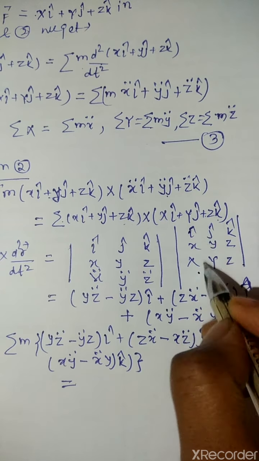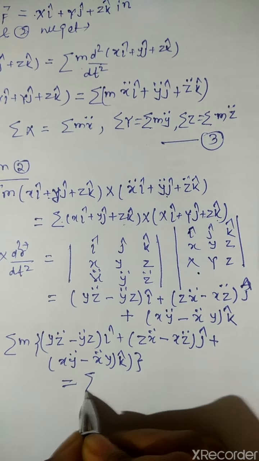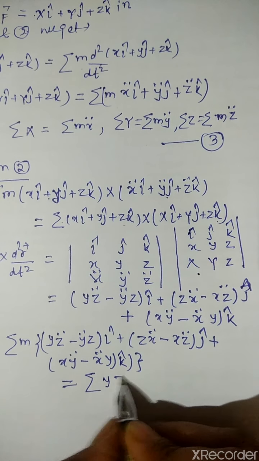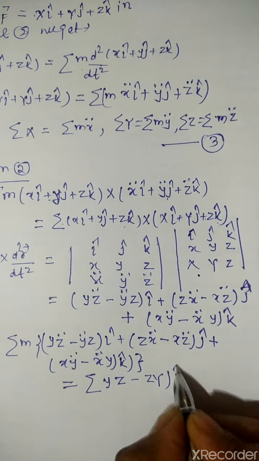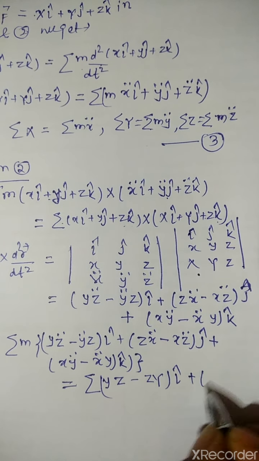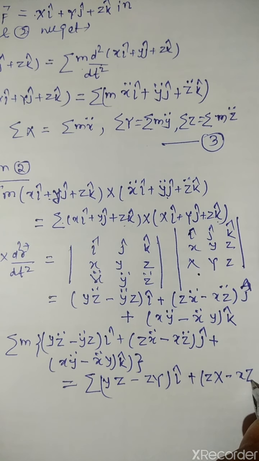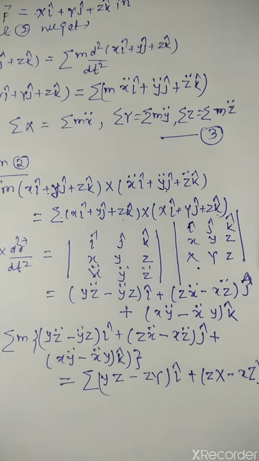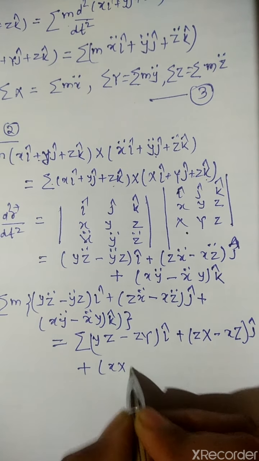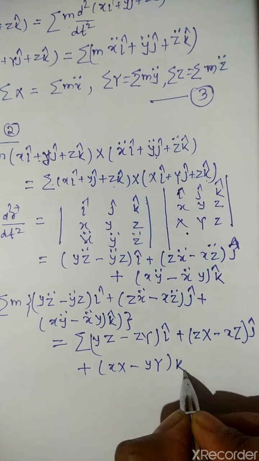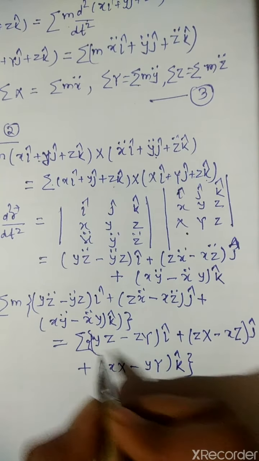On solving this equation, we write sigma (y Z minus z Y) i, then plus (z X minus x Z) j, and then plus (x Y minus y X) k, bracket close.